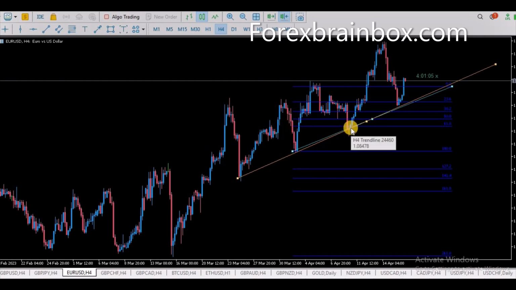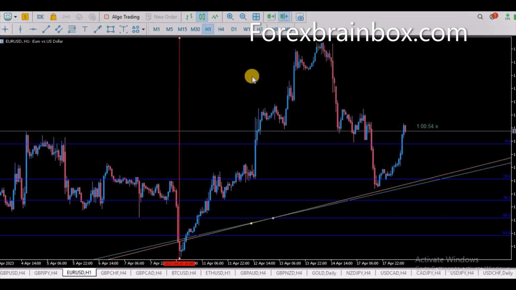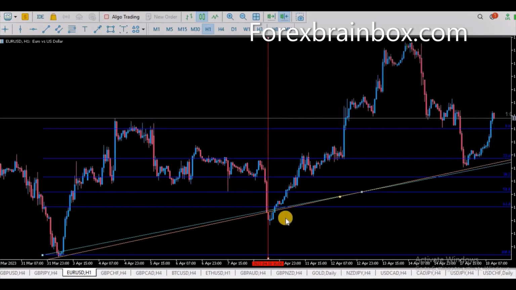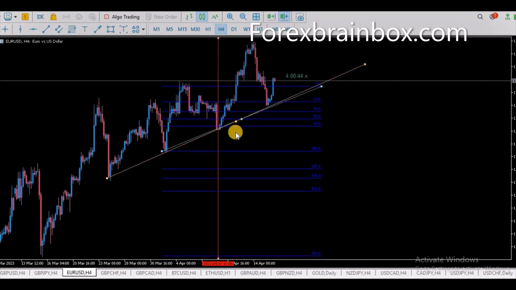That's why you find this demand, like this engulfing candle. Let's see how it looks on our H1. Yeah, H1 engulfing candle, but either way you can see that the market goes bullish after it touches our diagonal support level.